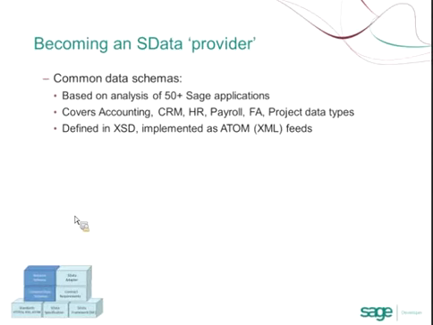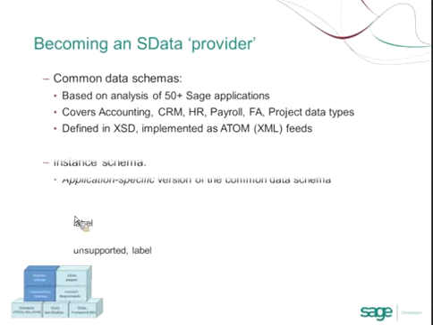They're all defined in XSD, which is the XML schema definition language, and there is a large library of definitions published on GitHub, which are available for download and for use. The good thing about these is that you can take a piece of data from one of those domains, such as a general ledger record from accounting, and that will be the same structure as used by other development teams across Sage. We are collaborating to that extent.